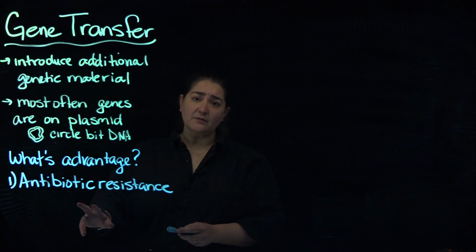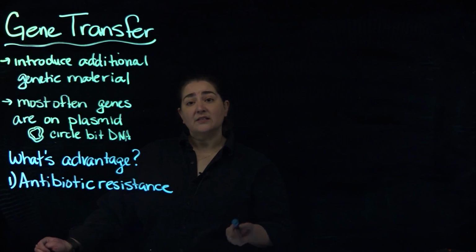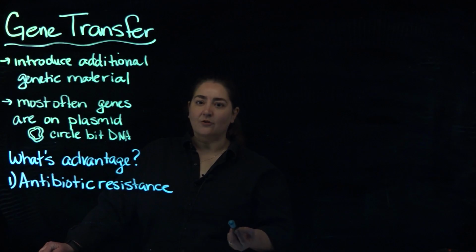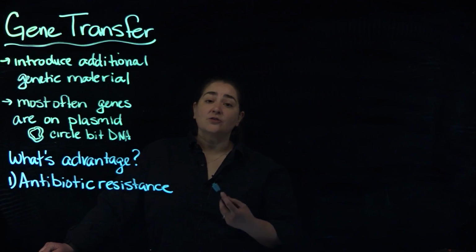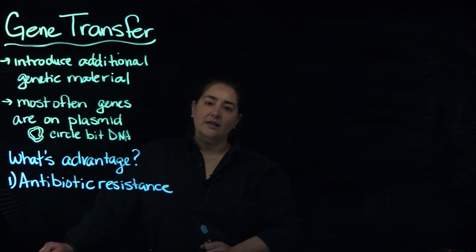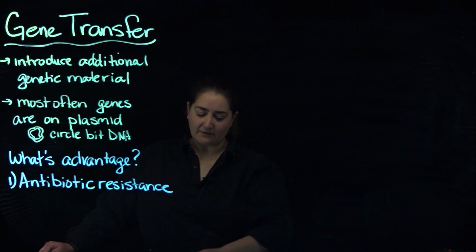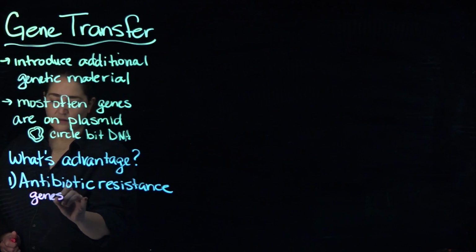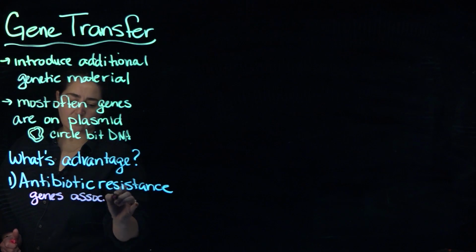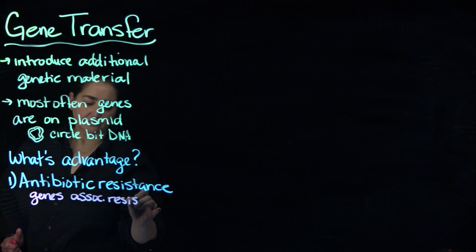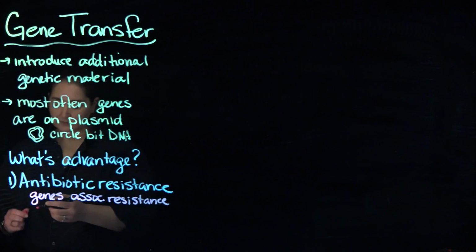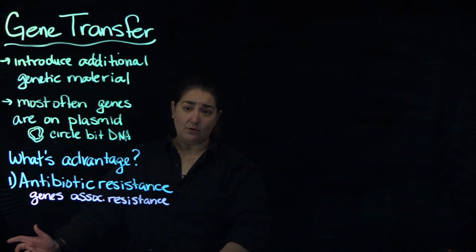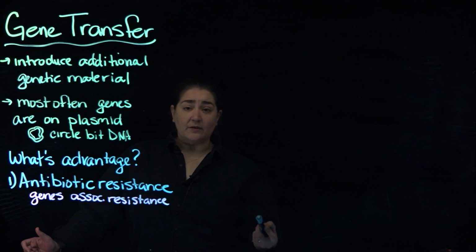And this is a big problem in the medical community because people come in with bacterial infections, and the thing about bacteria is they've come up with ways to get around that antibiotic. So you take that antibiotic, and even though it's present in your system, the bacteria are still able to multiply because they have inherited genes that are associated with antibiotic resistance. So the bacteria are able to grow even though antibiotic is present.